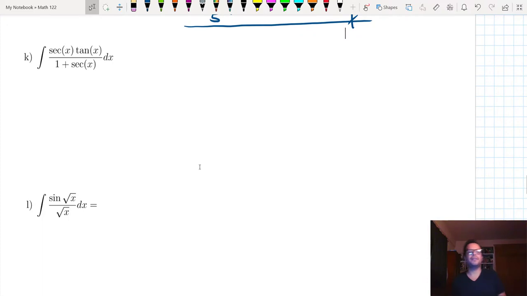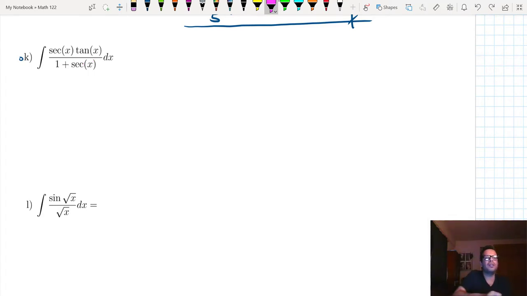Letter K. Notice here the denominator, 1 plus secant. If we take the derivative of 1 plus secant, the derivative of 1 is 0. The derivative of secant is secant tangent. Now try to do it the other way around.